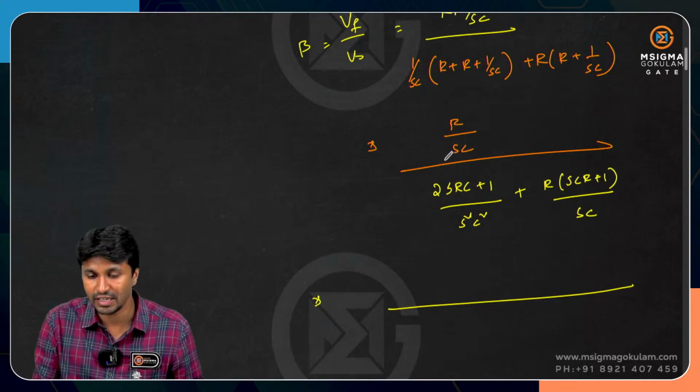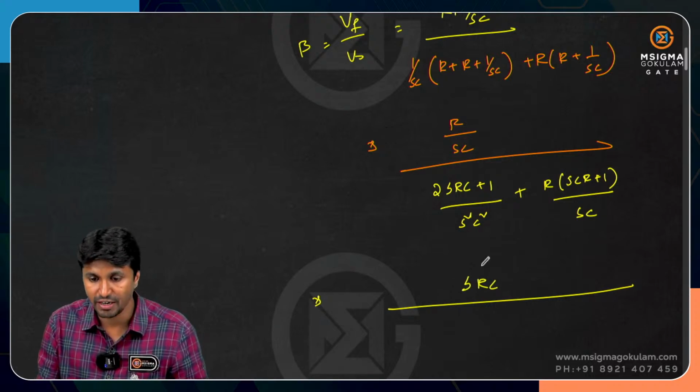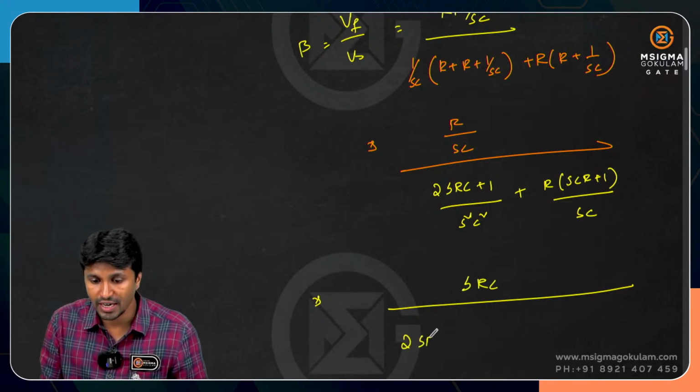So one SC will cancel, and that SC will go to the numerator. So SRC divided by 2 SRC plus 1 plus, look at this one, this gets multiplied with SC. So SCR into SCR becomes S square C square R square plus SCR.